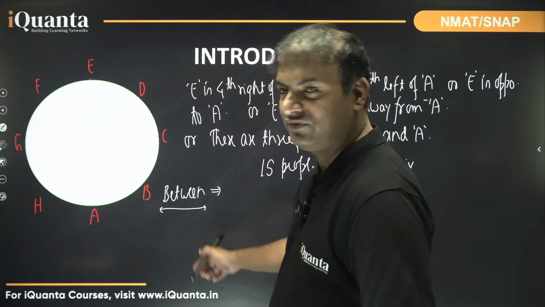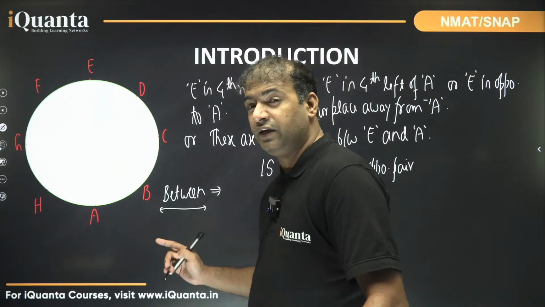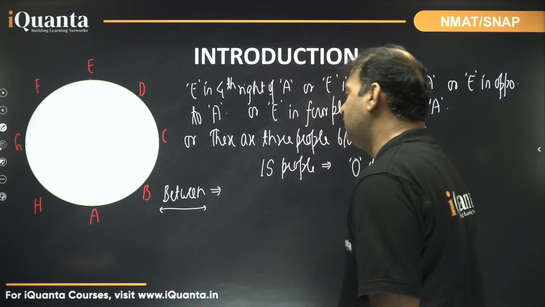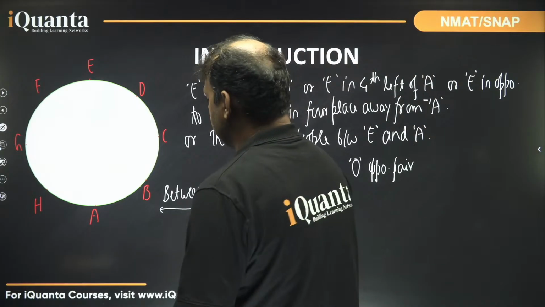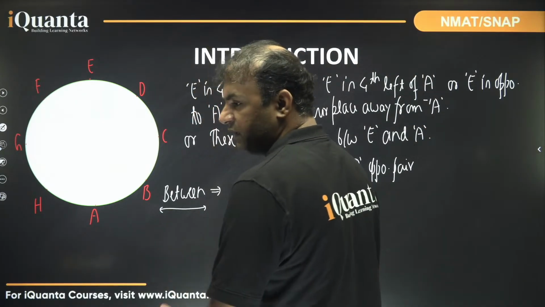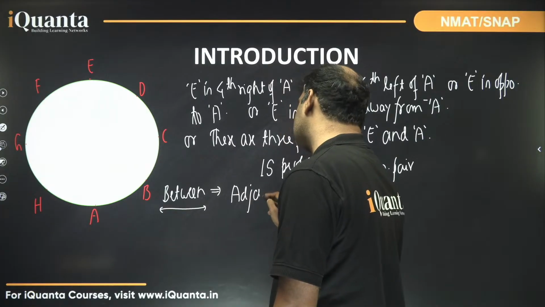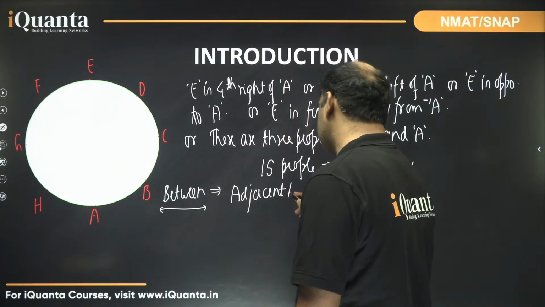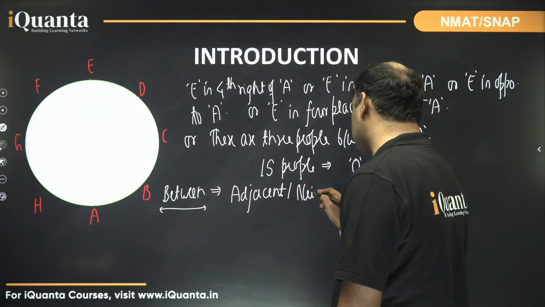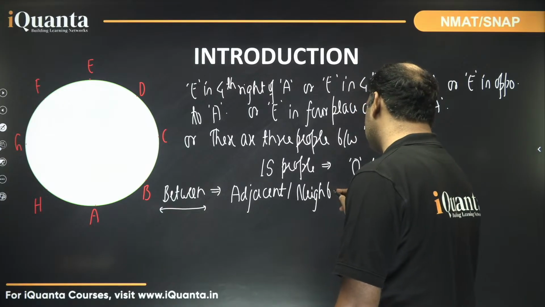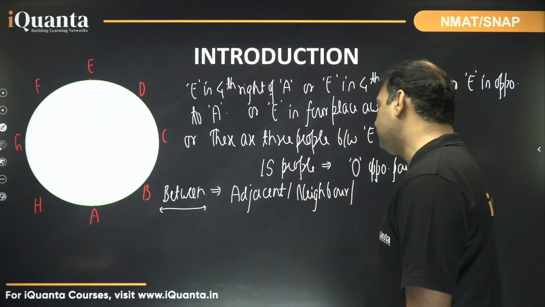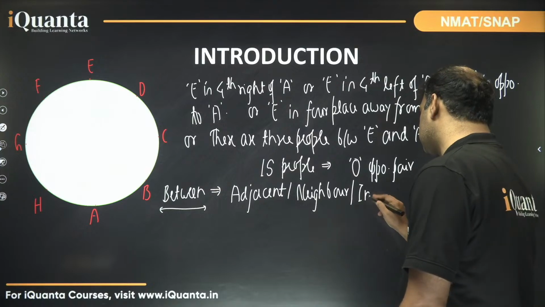If they say that X is between Y and Z, then between in circular represents the people who are sitting adjacent. Adjacent means the neighbor, or immediate neighbor. Everything is the same.